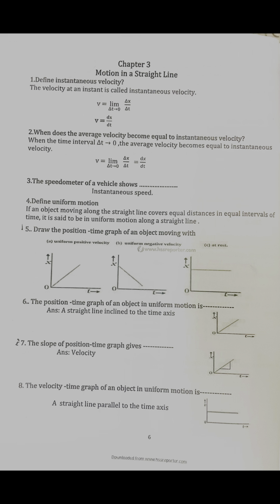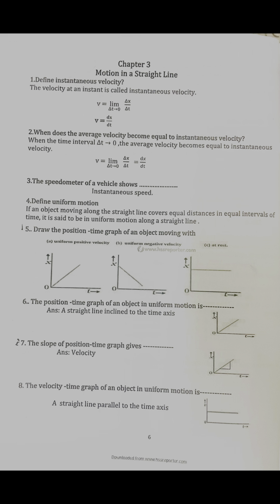The position time graph of an object in uniform motion is a straight line inclined to the time axis. It is an inclined line between the x-axis and y-axis.